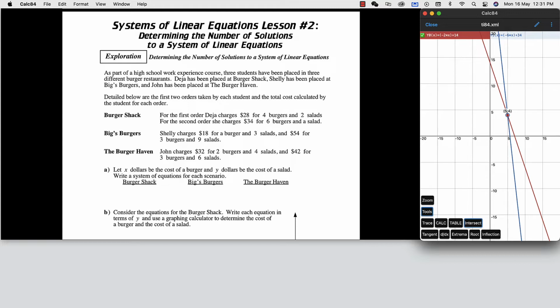So what we want to do is definitely make note of what's in the first line here in A, where we need to make our let statement. So we've got two unknowns, the cost of a burger and the cost of a salad. So we're just going to assign one of them to X and one of them to Y. So we said let X be the cost of a burger and Y be the cost of a salad.